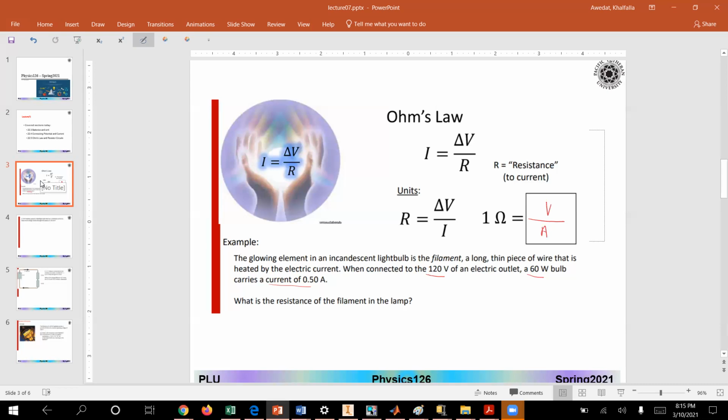Since we have I and we have the volts, this is straightforward Ohm's law: V divided by I. We have 120 volts divided by 0.5 amps, so the light bulb resistance is 240 ohms, or volt divided by amps. That's the first example.